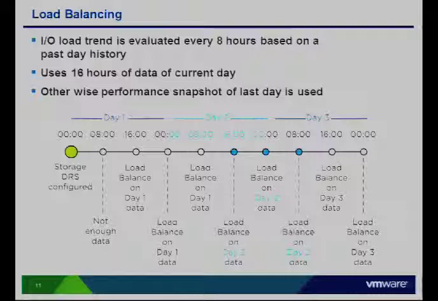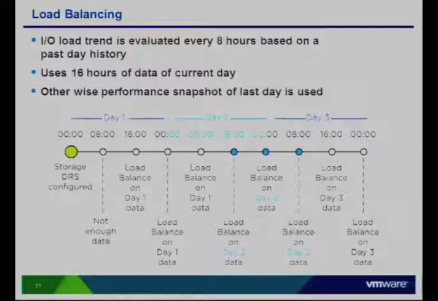Now, one thing you don't want to have with I/O load is that you are being triggered on peaks, right? So you don't want to load balance when a spike occurs. So what happens is that Storage DRS will use data of 16 hours of the current day. And that's the most important part to understand, of the current day.